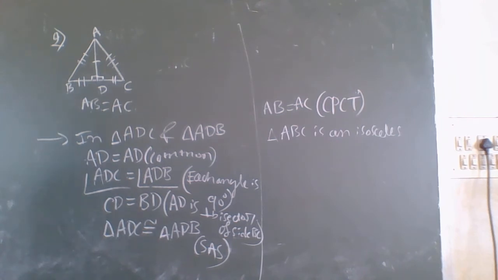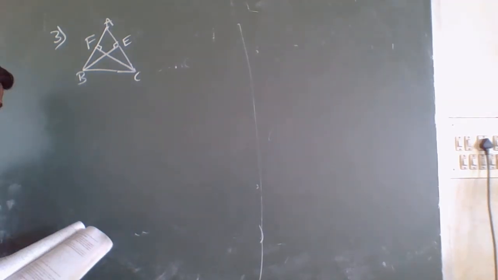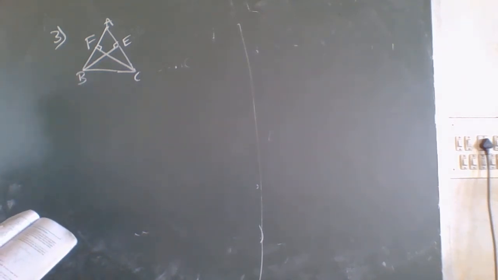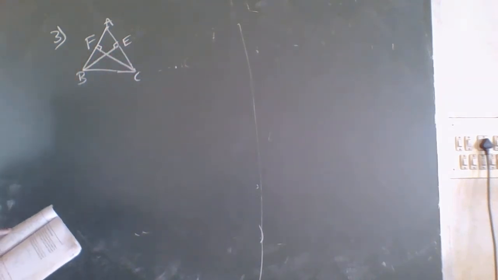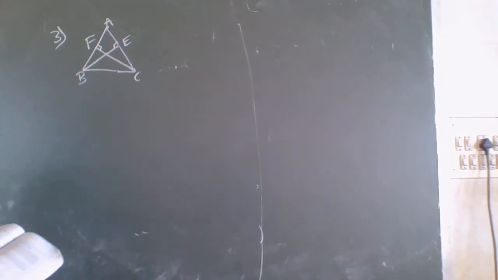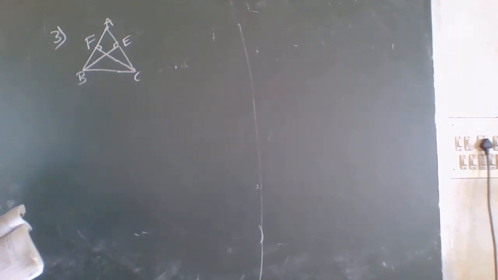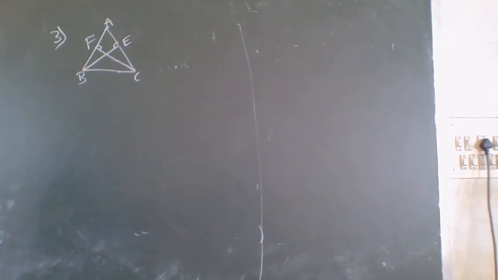Okay. So now I will move to the third problem. This is the diagram given for the third problem, and they have given that ABC is an isosceles triangle in which altitudes BE and CF are drawn to sides AC and AB respectively.